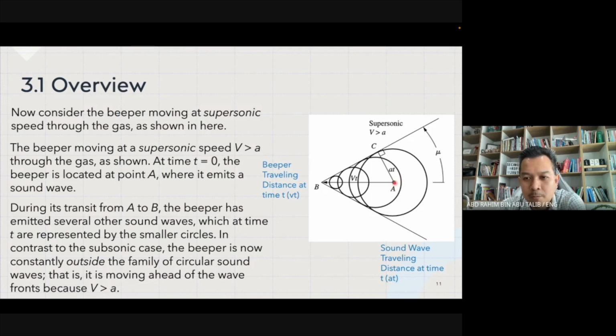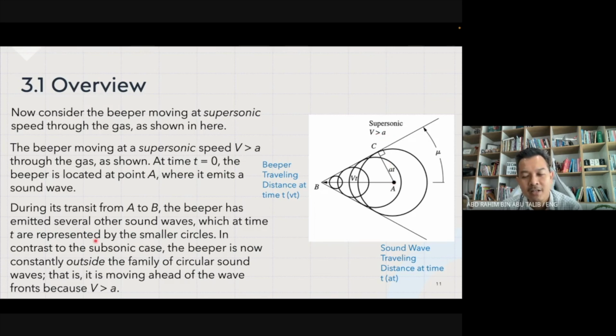During its transit from A to B, the beeper again emits several other sound waves, which at time t are represented by smaller circles. The beeper is now constantly outside the family of circular sound waves. That is, it is moving ahead of the wavefront, because its velocity is more than the speed of sound, so it is much faster.